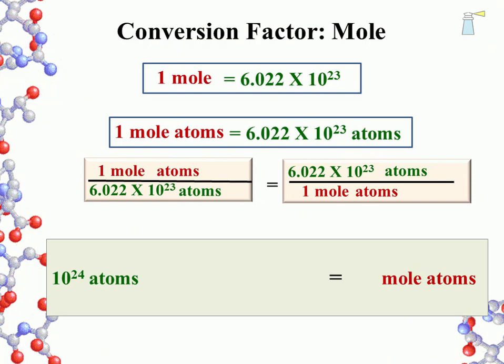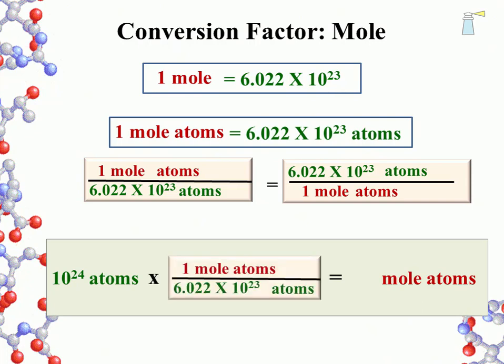As with all conversions, that is decided by which factor cancels the current units out. Count of atoms is a current unit and can be considered in the numerator. Therefore, this unit factor has the correct orientation because its count of atoms is in the denominator and will cancel out, leaving the desired units of moles of atoms.